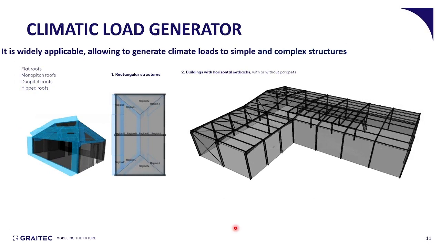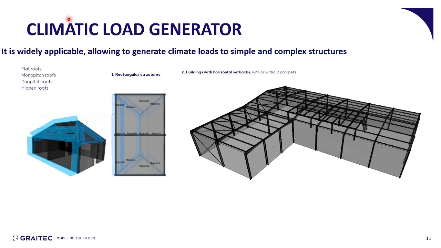Moving forward to the climatic load generator that Advanced Design is equipped with. It is a widely applicable generator that allows the user to generate climatic loads for simple and complex structures. We can see some of those.